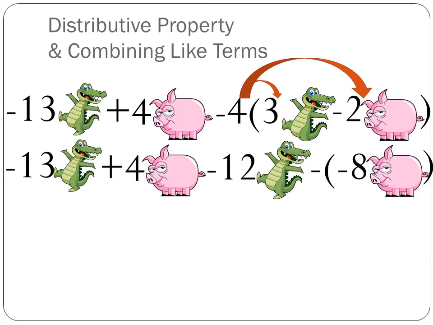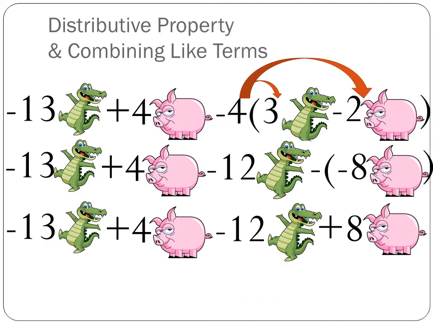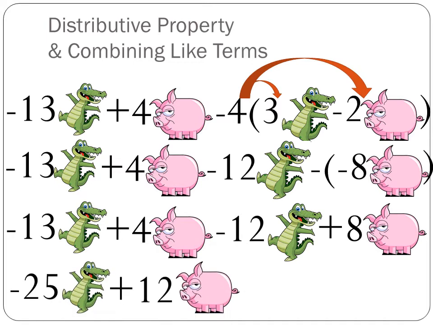So I'm going to bring down my negative 13 dragons plus 4 pigs. When I multiply negative 4 times 3 dragons, I get negative 12 dragons. And when I multiply negative 4 times negative 2 pigs, I get negative negative 8 pigs, or in other terms, plus 8 pigs, because I have a negative times a negative, which gives me a positive. Now I can just combine the like terms.